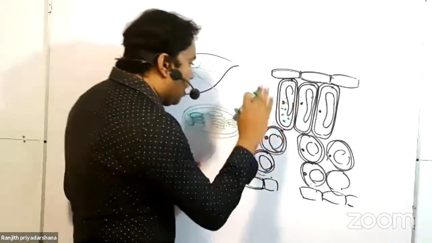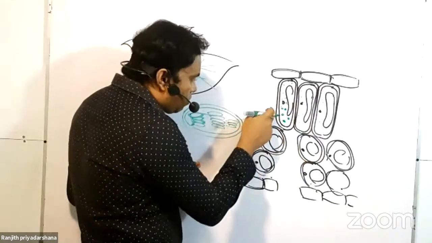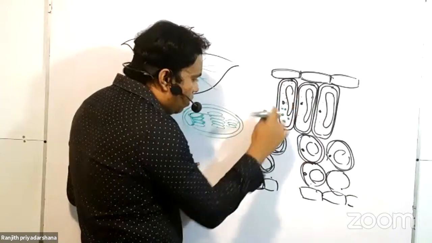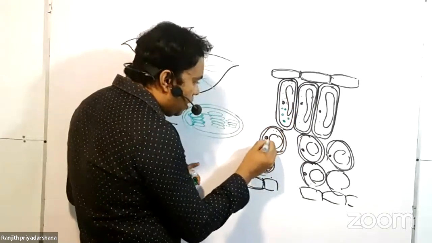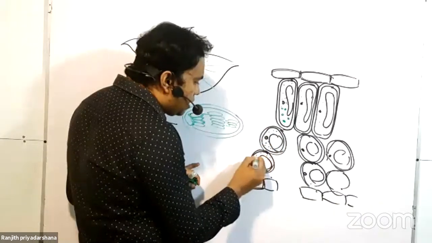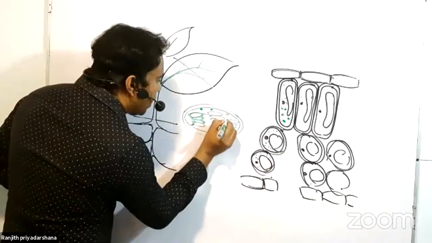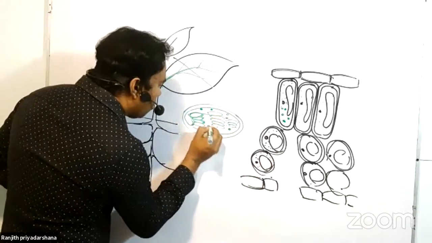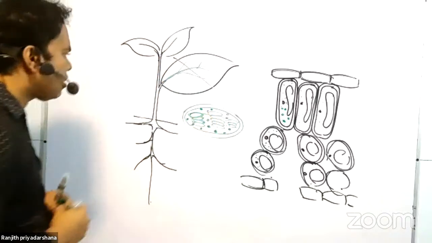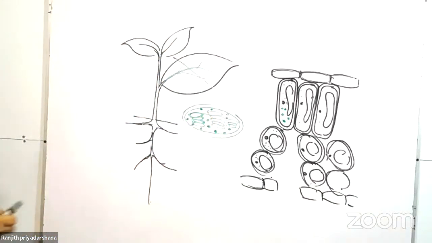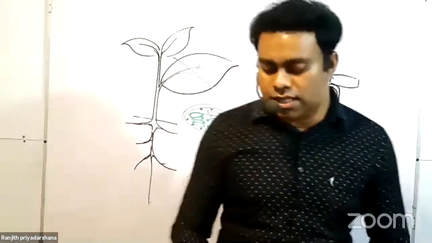As you have already learned in the tissues lesson, the palisade and spongy mesophyll cells have chloroplasts, and inside the chloroplasts you can observe chlorophyll pigments. So what are the factors affecting the process of photosynthesis?